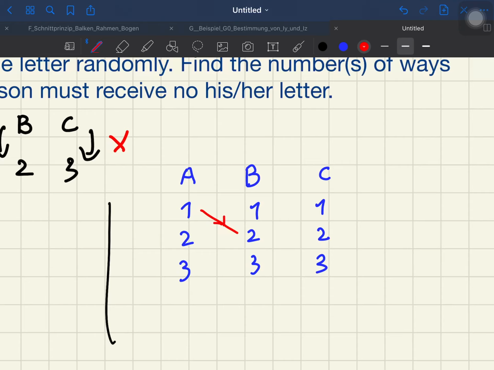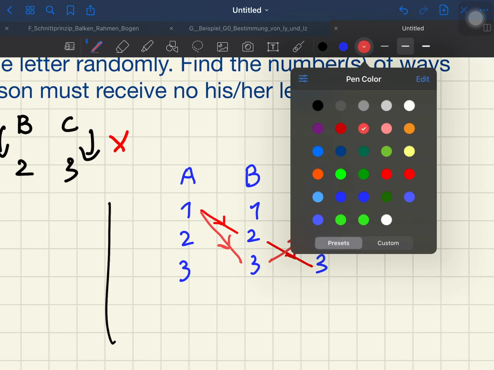So 1 goes to 2, and then 2 goes to 3, because person B has chosen letter 2, so you cannot go to 1 or 2. Or another case, person A still chooses 1, and then person B chooses number 3, and then person C chooses number 2.